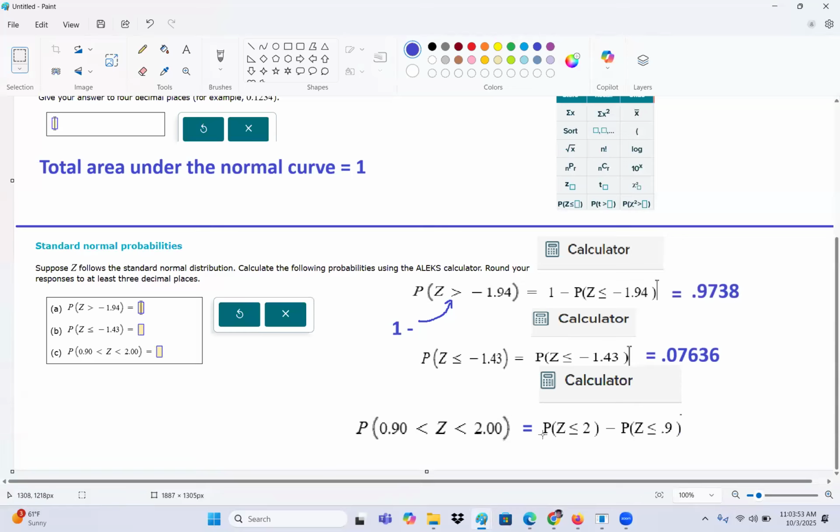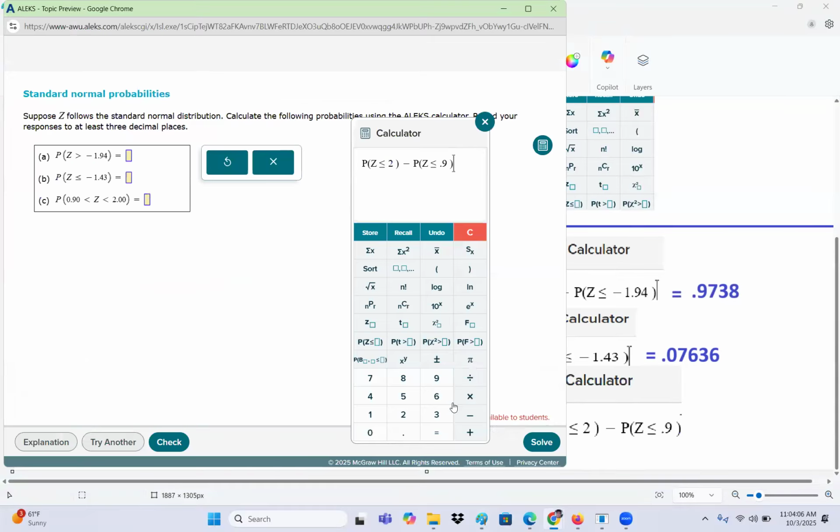Okay, so we just simply take the big, subtract the small on the calculator, a bigger value subtract a smaller value, and you're going to get the area in between those two, which is also called a probability. So that's going to give us the answer equal to 0.1613.